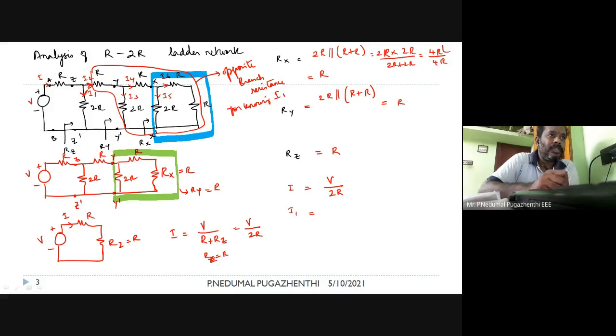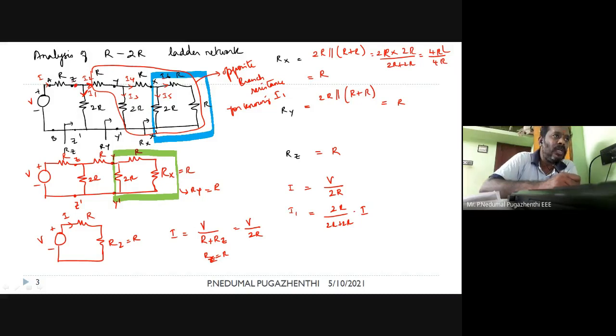So what will you get? These R and R, for the first unit cell you got an R, for the second unit cell you will get an R, again 2R, you will get another 2R here. So what is that opposite resistance? 2R divided by 2R plus 2R, into the previous current value. The total current is I, up to this Z mark.